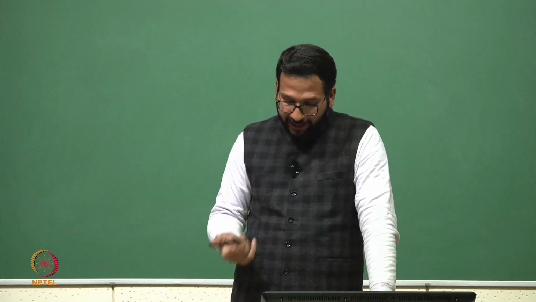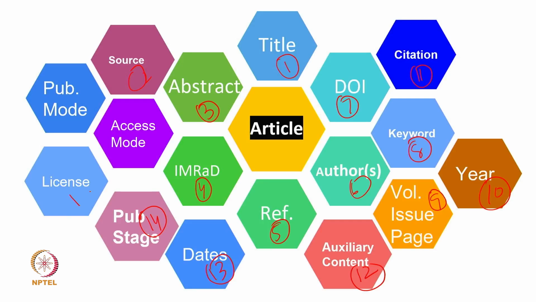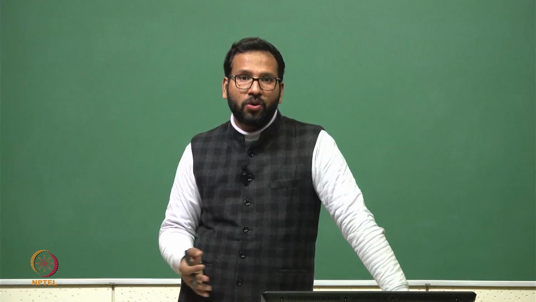Then another key attribute of an article is license. License refers to the legal permission which defines who has the legal right on this content. This also varies from source to source.